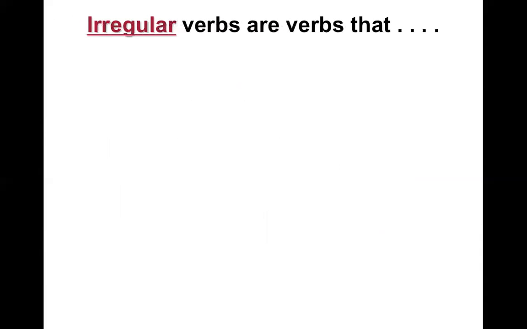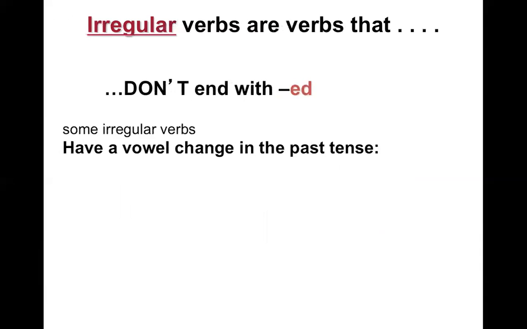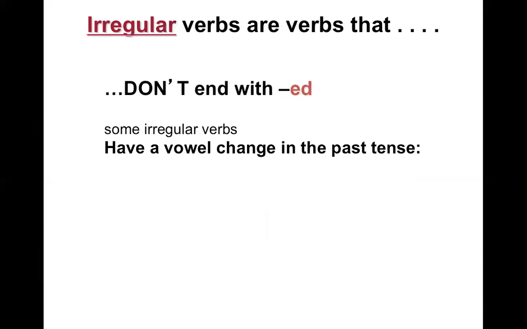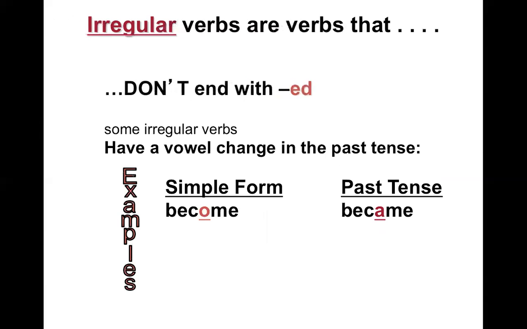Irregular verbs are verbs that don't end with ed. Some irregular verbs have a vowel change in the past simple. For example, the simple forms become, you look, the o is changed to a: become, became. Give, gave.